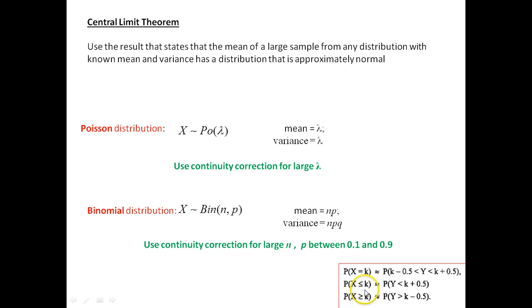If we wanted the probability that x was less than or equal to k, then we needed to add 0.5 to make sure that the k was included, and if we wanted the probability of x greater than k, then we need to take 0.5 from k to make sure that our k is included.